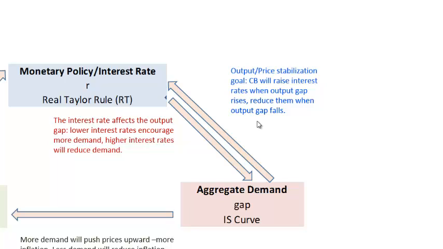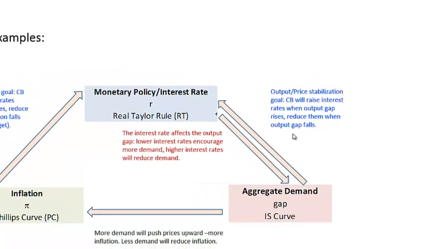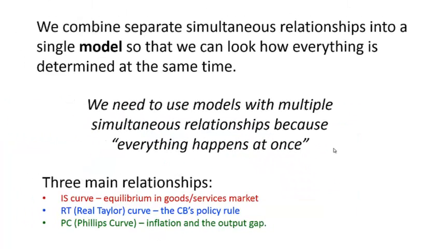In the other direction, if the output gap falls, the central bank will be reducing interest rates in pursuit of its dual mandate. Our job now is to combine all of these simultaneous relationships into a single model. That way, we can see more clearly how everything happens at once.